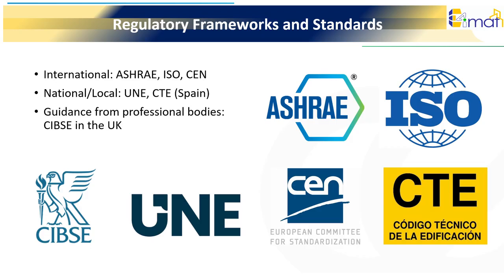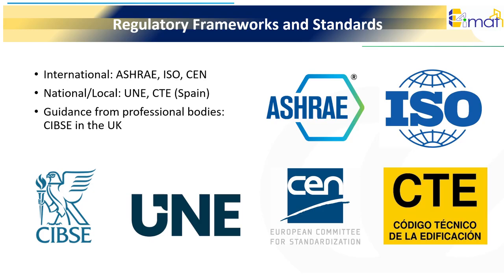Local/national: in Spain, UNE standards such as UNE-EN ISO 10456, UNE-EN 12524, UNE-EN ISO 6946, and UNE-EN 15804 provide guidance on thermal properties and environmental declarations. Guidance from professional bodies: CIBSE in the UK offers practical recommendations for material properties in building design.